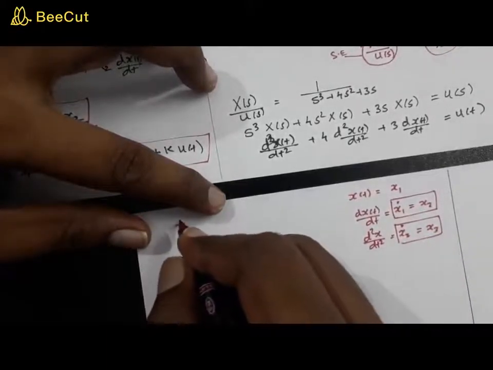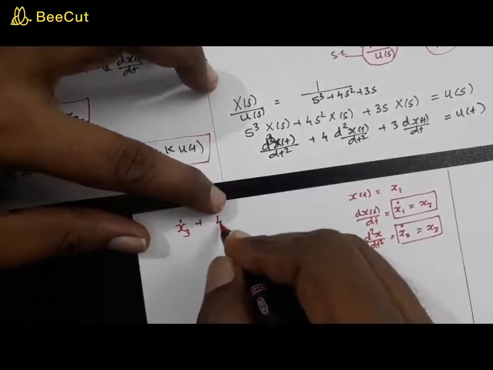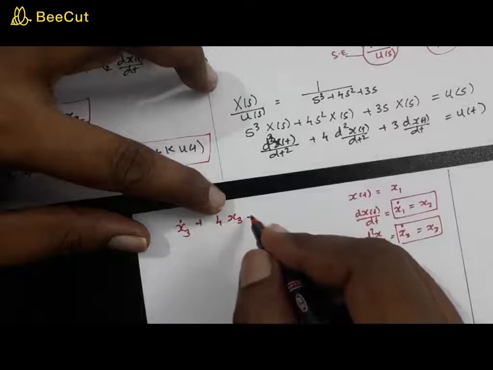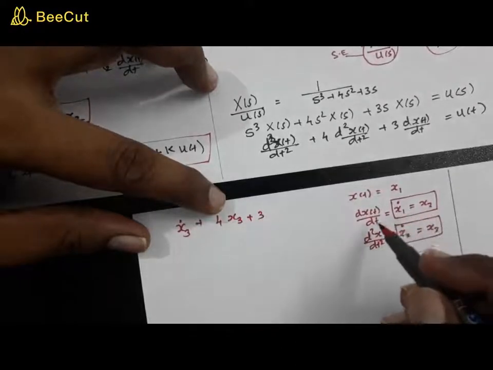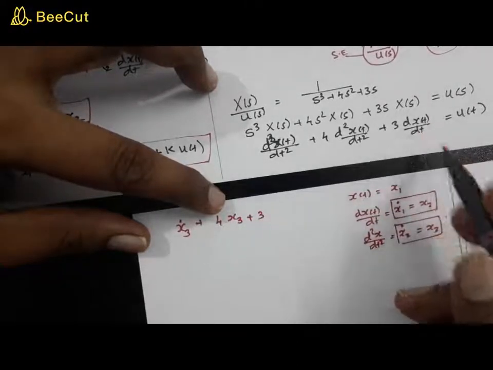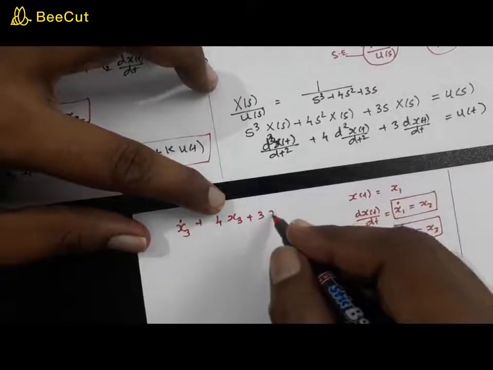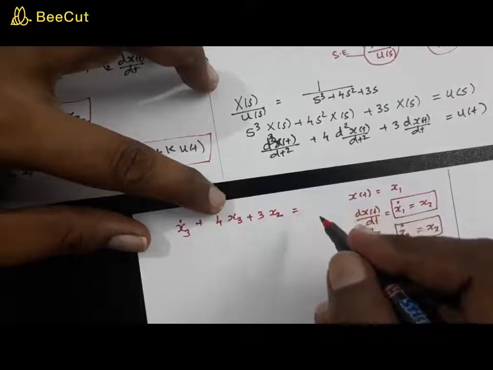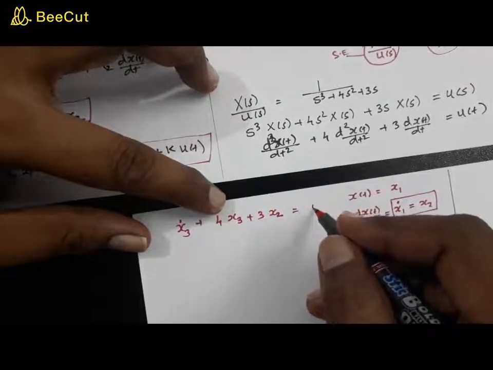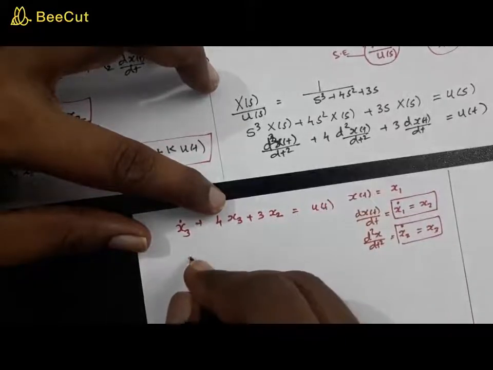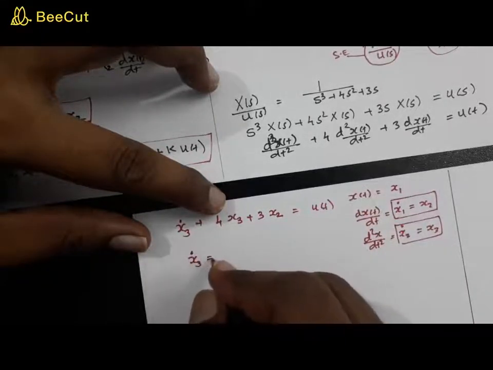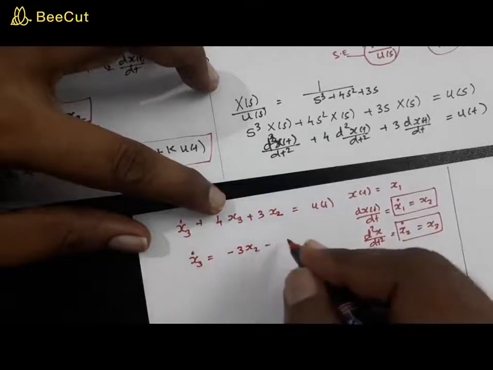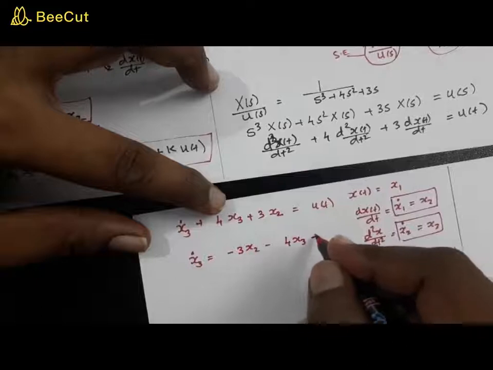So x3 dot plus 4 times x3 plus 3 times x2 is equal to u(t). Or you can find x3 dot as minus 3x2 minus 4x3 plus u(t).